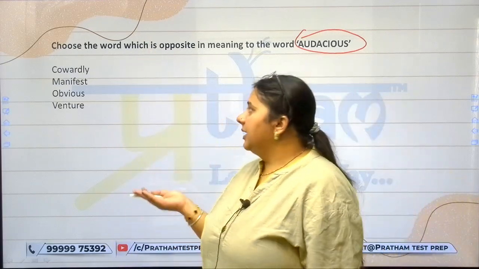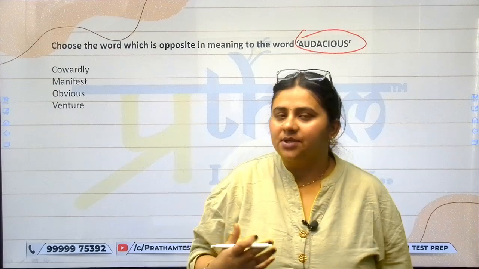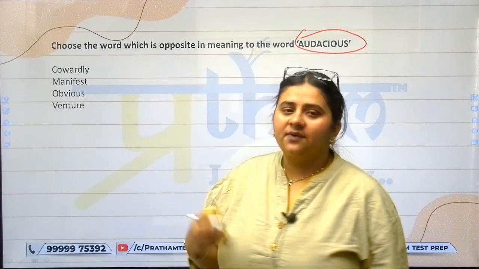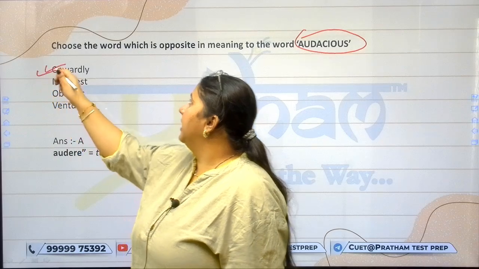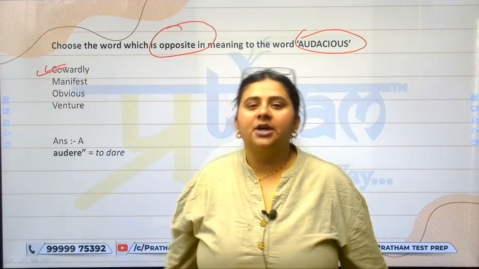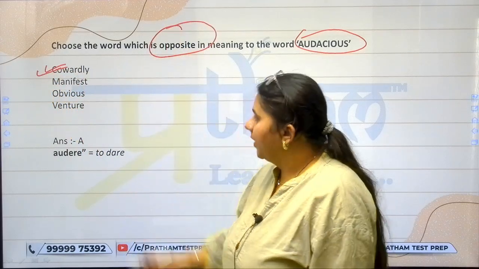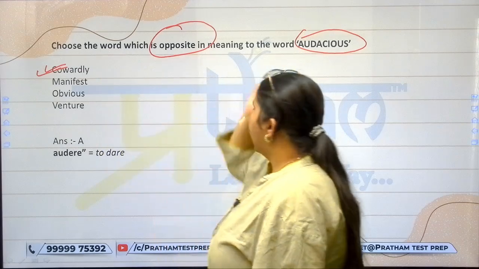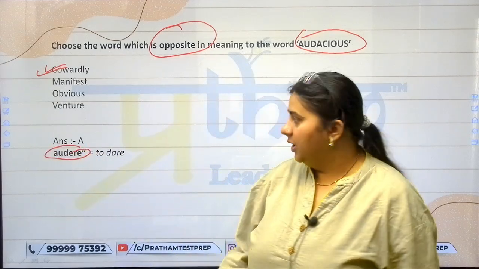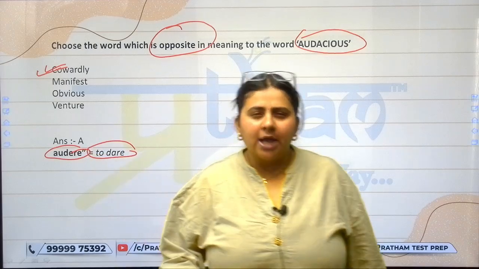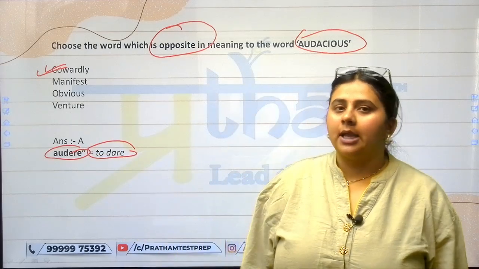Now the options are easier. Cowardly is a person who is very timid. Venture we all know, right? So that has to be your cowardly because we had to go for opposites. Also, audacity comes from the word audere, which is a Latin word that means to dare. Audere, how dare you talk to me like that?